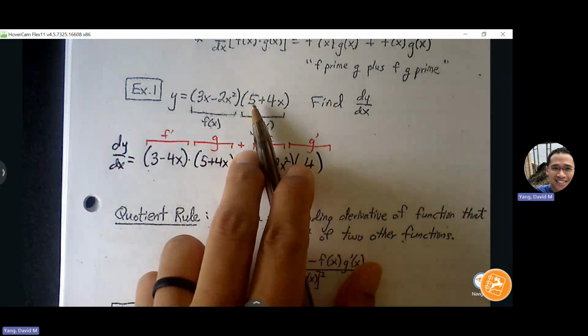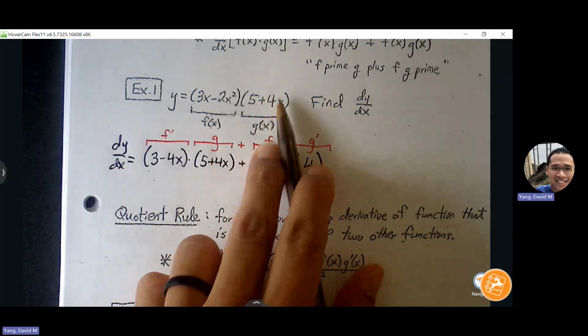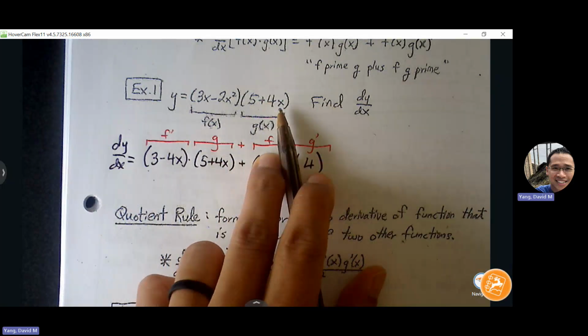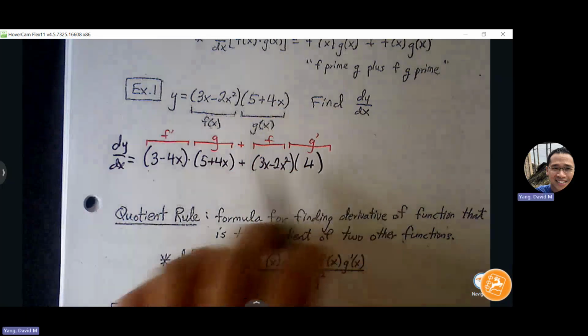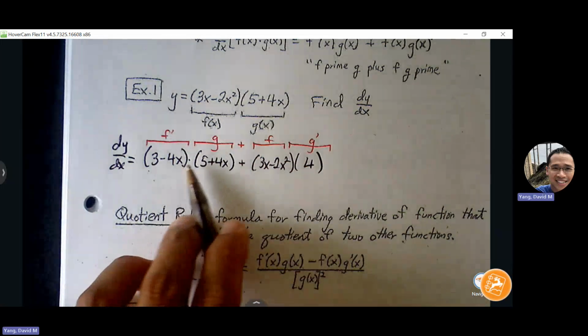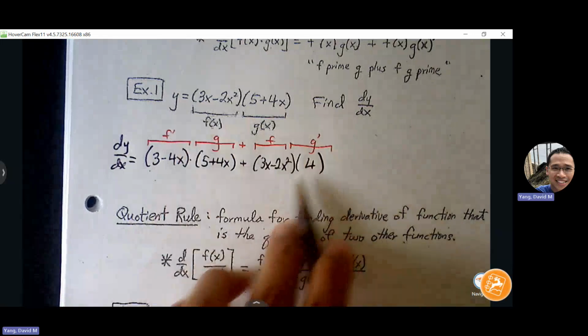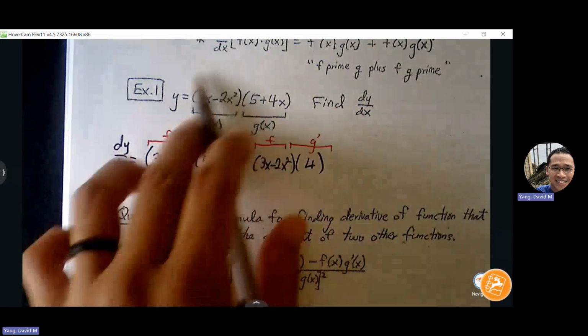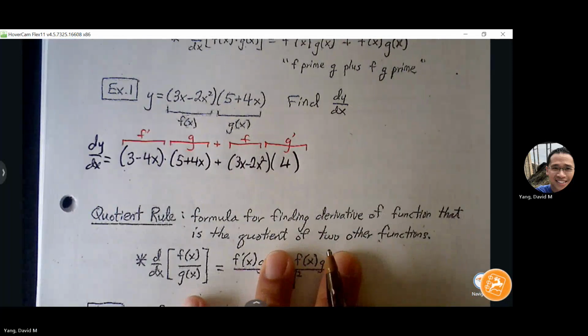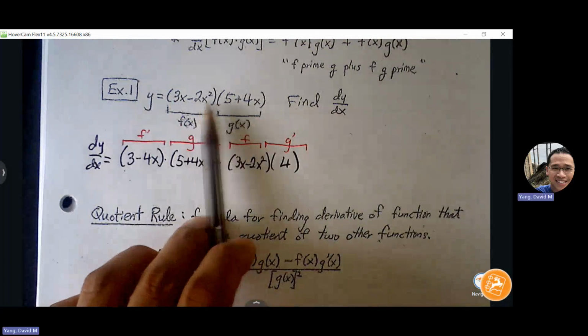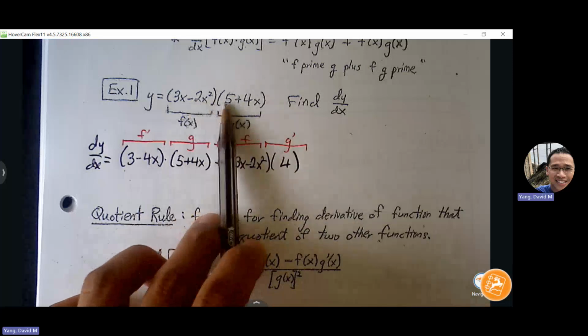So the 5 is a constant, so 5 goes to 0, and the 4x is linear, so the x drops out, just the 4. So we have the derivative. I mean, we could FOIL this out and clean this up, but this is the slope formula for whatever this graph looks like. Okay.